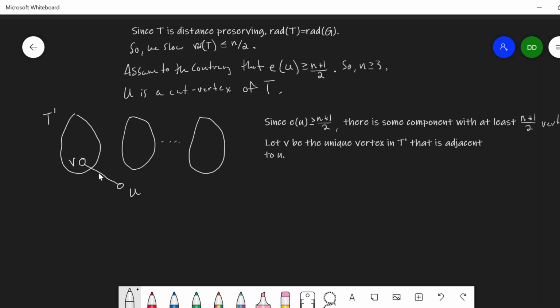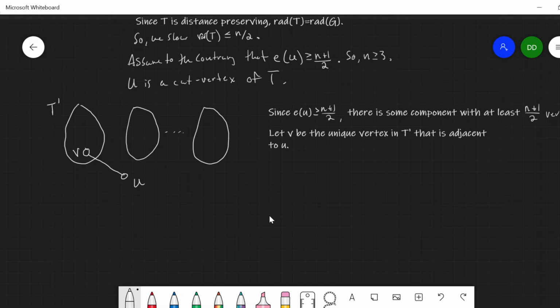Well, suppose there's not. Suppose it's adjacent to two vertices. Since T prime is connected, there would be a path between V and that other vertex in T prime, and there I would have a cycle that would involve V, that other vertex, and U. So there's a unique vertex over there.